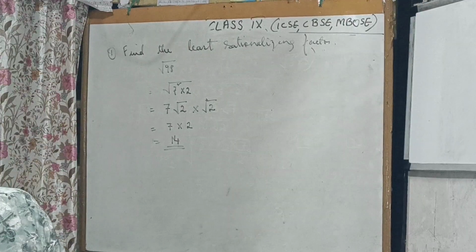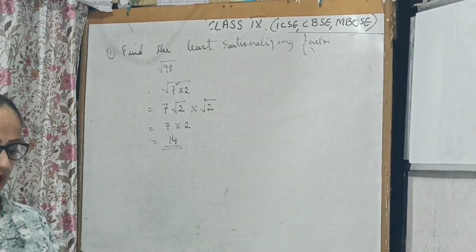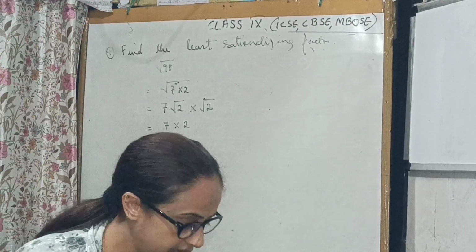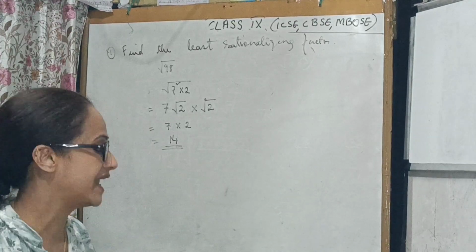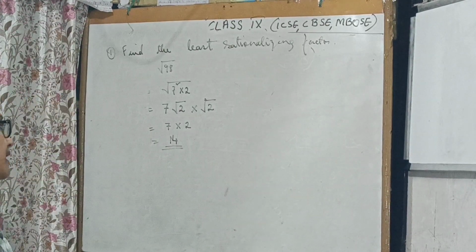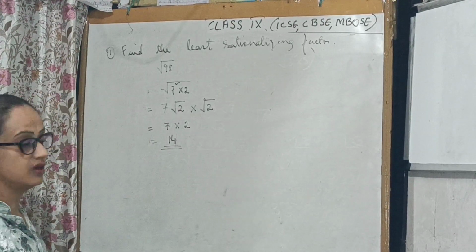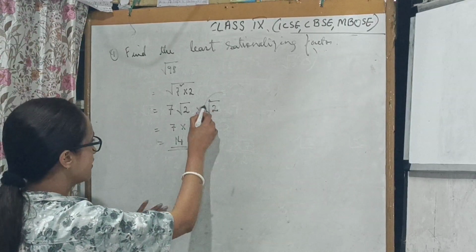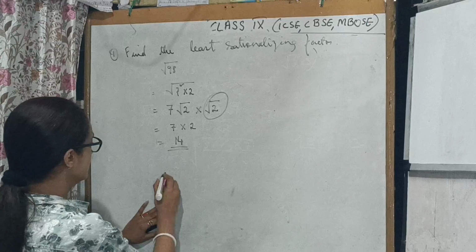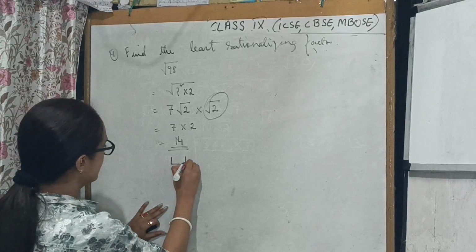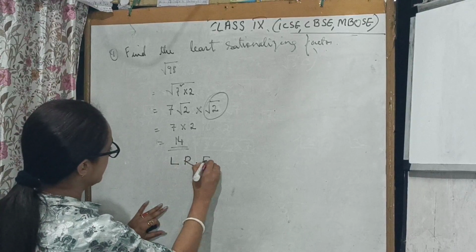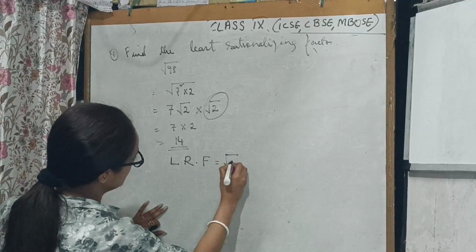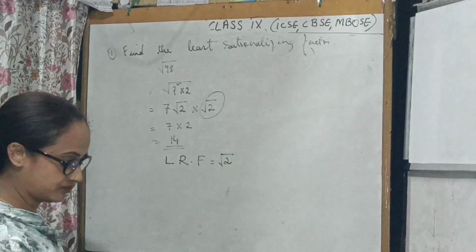But that is not your answer. Your answer is, what is that extra thing I multiplied just to get a number without a root? So the extra thing which I multiplied is a square root of 2. So the least rationalizing factor is equal to √2. Okay.